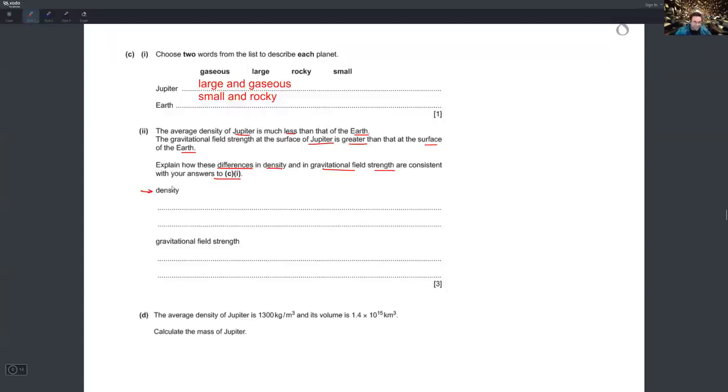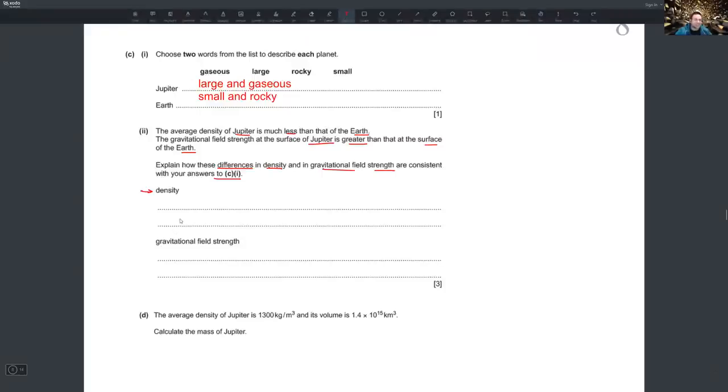If it's less dense, then it has a larger volume and it's made of less dense elements. So it explains why it's gaseous. It's made of lighter elements. We've explained the differences in density with my answers. So this is gaseous, this is rocky. Jupiter is less dense because it's made up of lighter elements, whereas Earth is more dense because it's made of rocky elements. Okay, that's one thing.